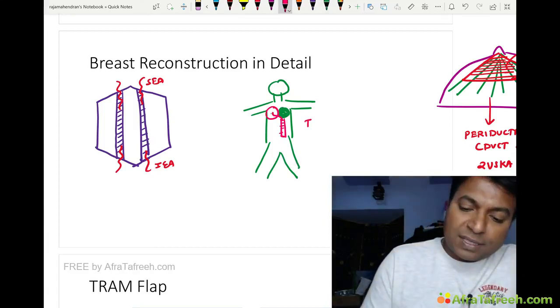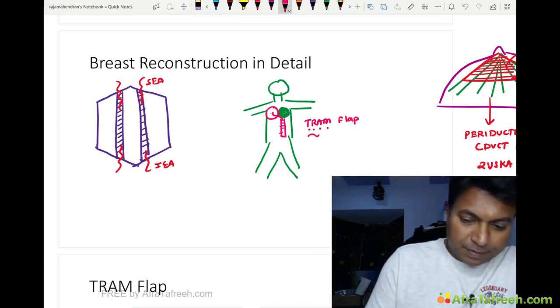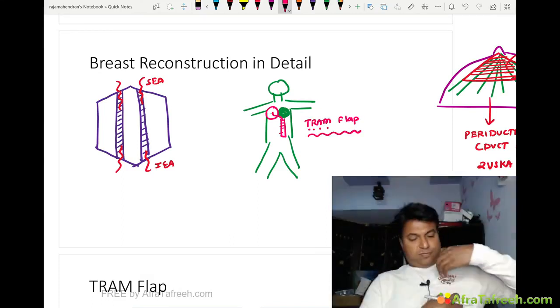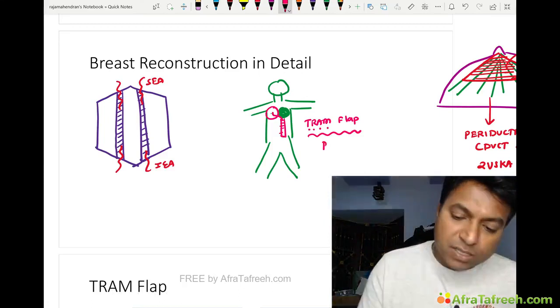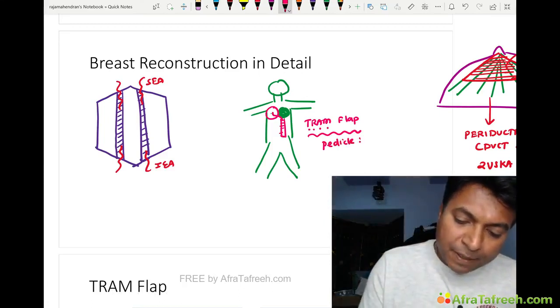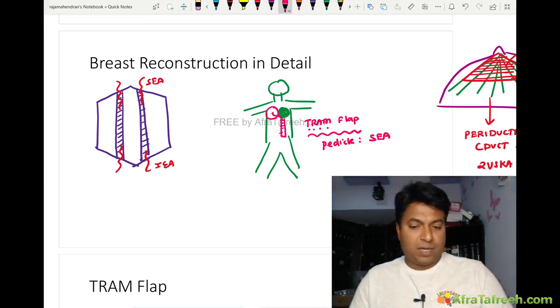So this is known as TRAM flap, transverse rectus abdominis myocutaneous flap. From the opposite side we take the muscle and use it here. This is a TRAM flap based on a pedicle. It is the superior epigastric artery. The pedicle flap is based on the superior epigastric artery.